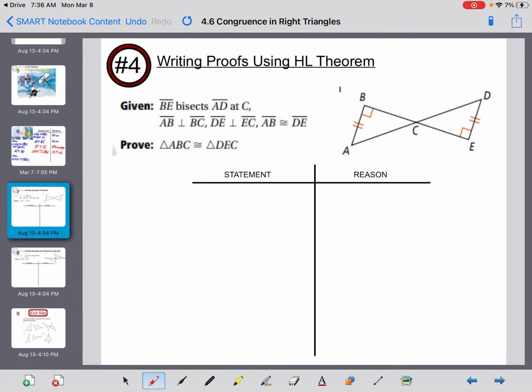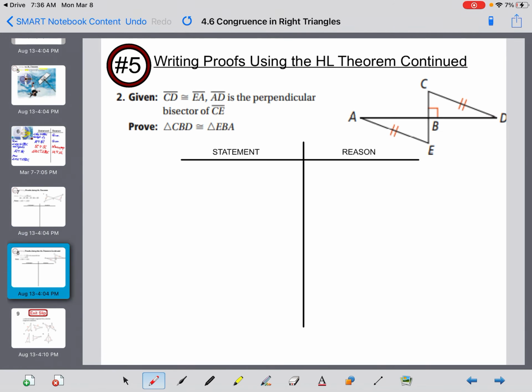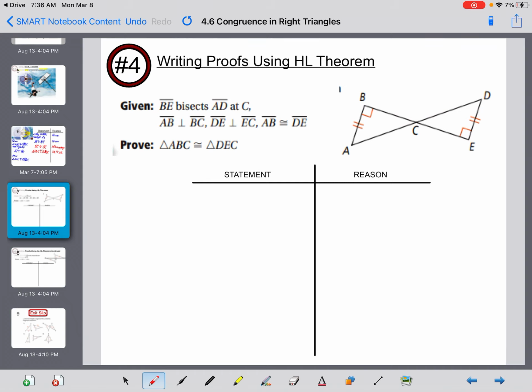4 and 5 are just more examples, so let's give these a go. BE bisects AD at C. Given.